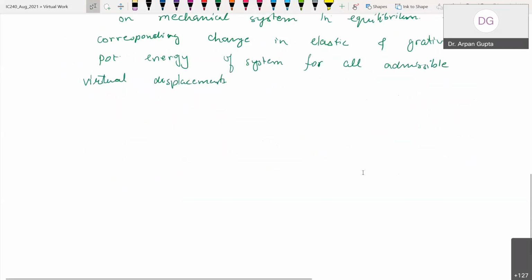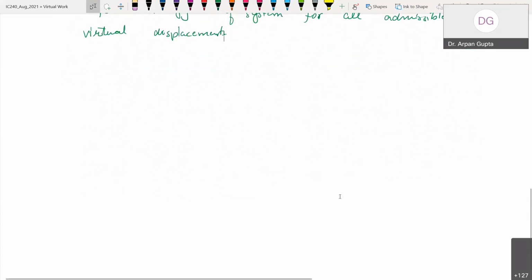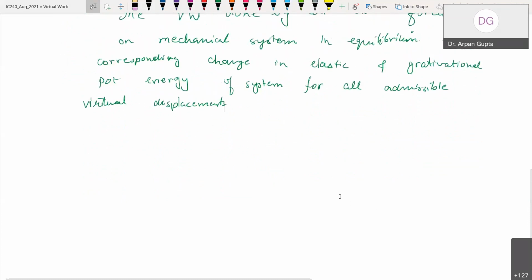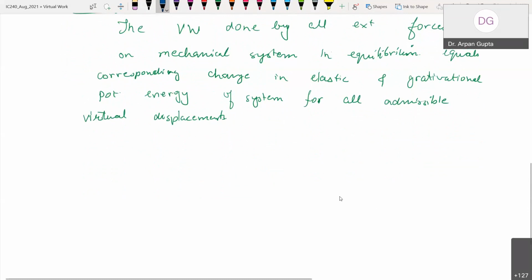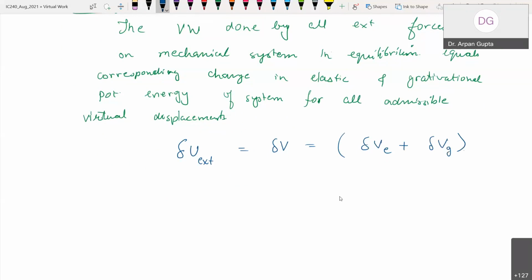Okay, so it may be a little confusing, but the idea is that if you express it mathematically, it means that the virtual work done by all external forces is equal to the change in the potential energy of the system. So this includes your elastic potential energy, and it also includes your gravitational potential energy.